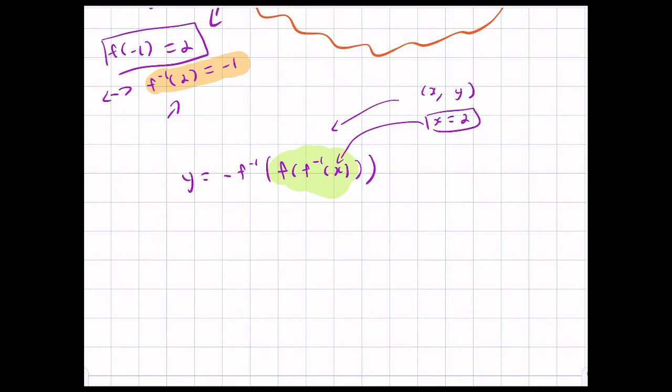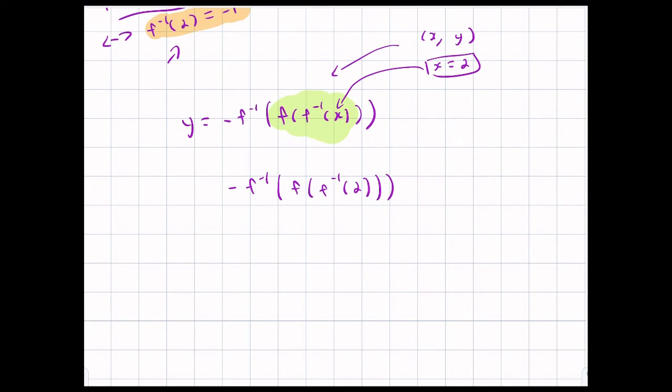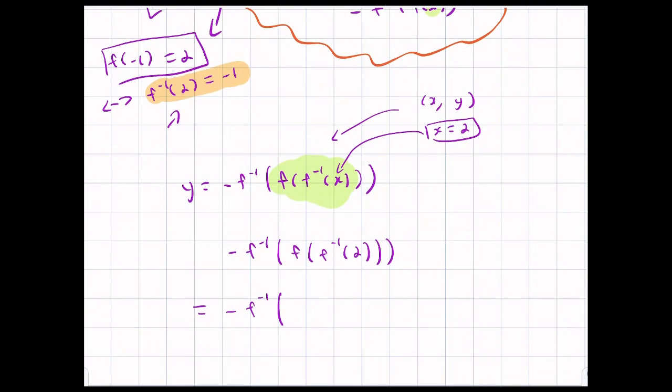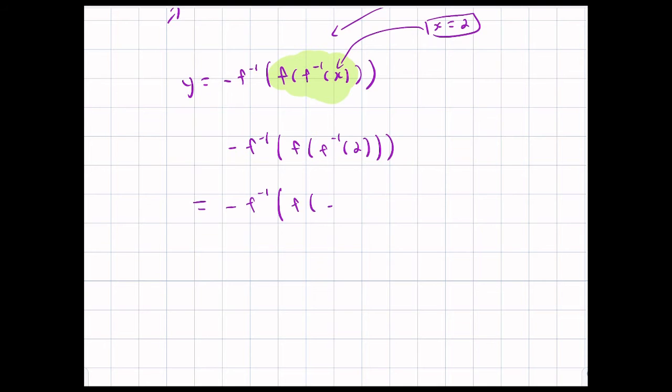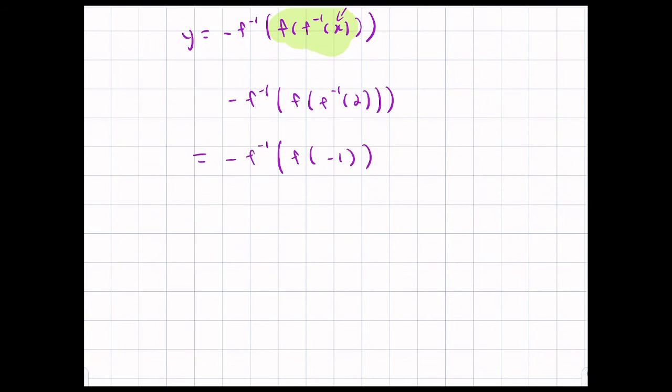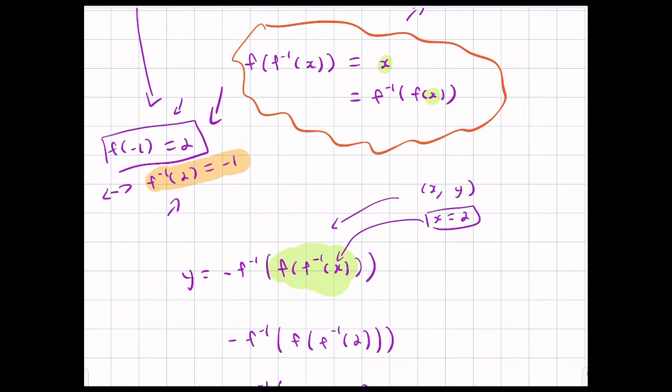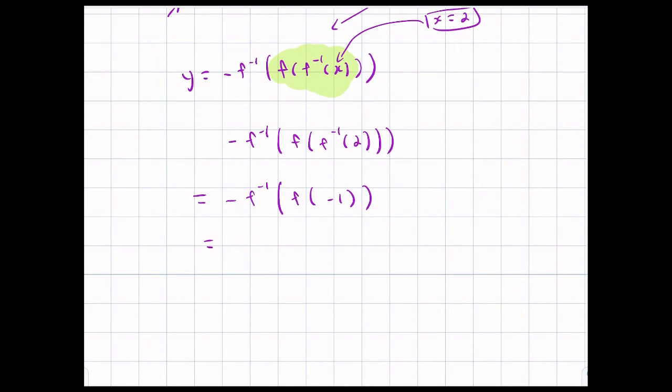So I can say negative f inverse of f inverse of 2, with the right number of brackets, I think, is equal to negative f inverse of, well, I know that f inverse of 2 is -1, so this is f of -1. And I know that f of -1, again up here, is 2. So this is negative f inverse of 2.